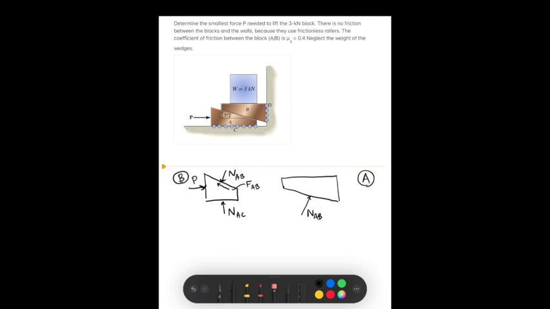So it's equal and opposite. These two forces are the same, equal and opposite pushing against each other. In the same way, we will have equal and opposite friction force. We have the weight pushing down, and there's a normal force from the wall, but no friction because of the rollers.